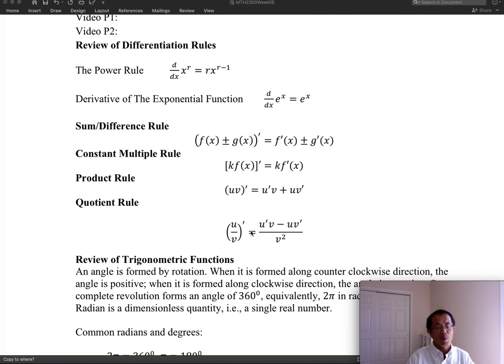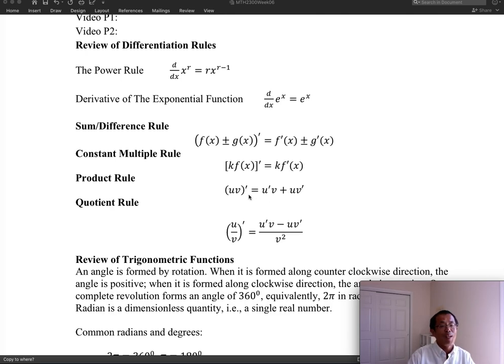These were covered before, so for now they are just for review, but hopefully you know that in order to be successful in calculus, you are going to know all those rules very, very well.